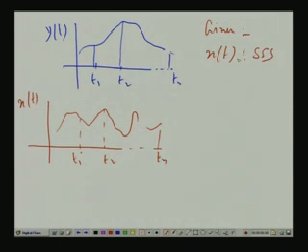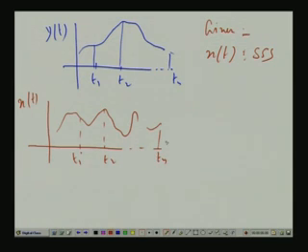Now, remember we did some study on the joint statistics of a group of random variables: given the joint density for x, that is x(t 1), x(t 2), up to x(t n), how to obtain the joint density for y, that is y(t 1), y(t 2), up to y(t n). There is a formula that involves the joint density for x(t 1), x(t 2), up to x(t n), and a Jacobian.